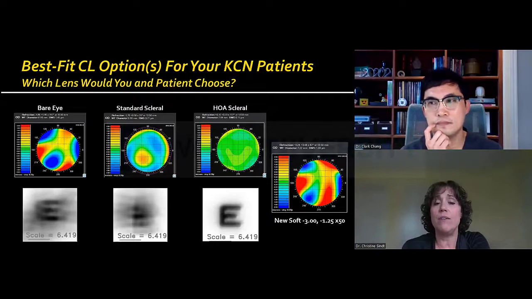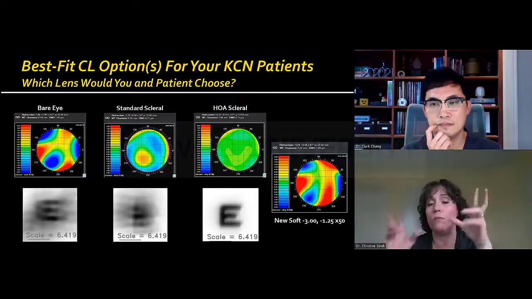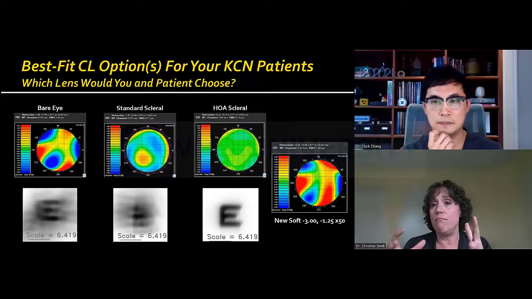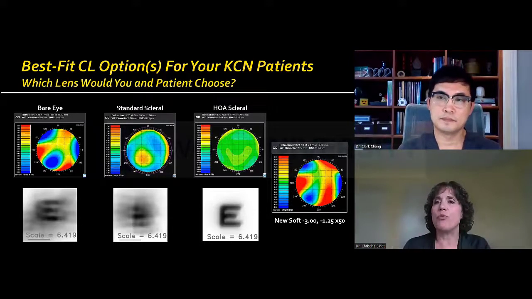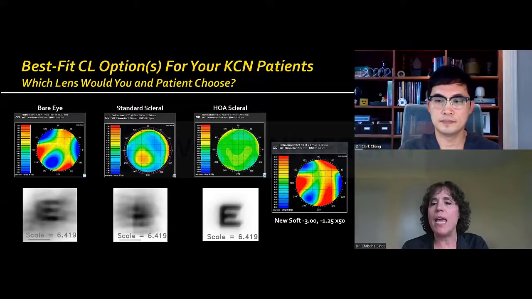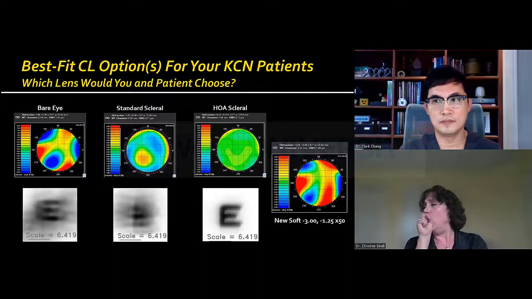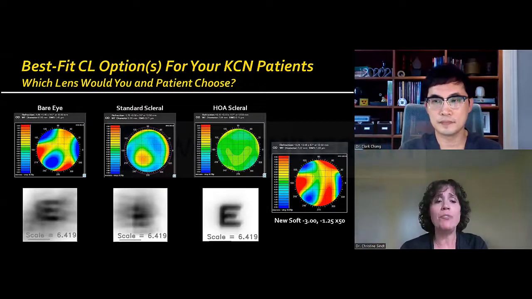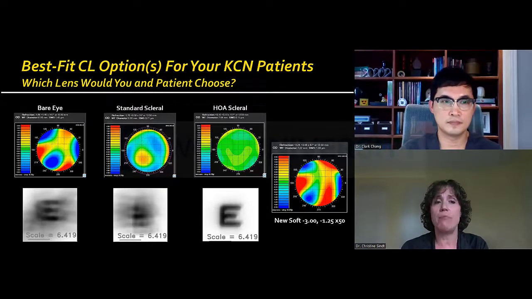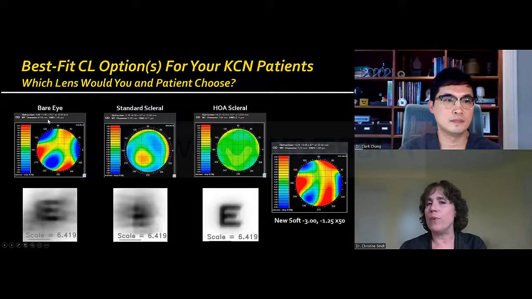Even though it cleared up his vision, he didn't actually appreciate that it was all that much better. And he actually went back to his soft contact lens, which gave him about the clarity that he had in those aberrations with that bare eye, because he really just didn't feel that resolving those aberrations was all that much of an improvement.